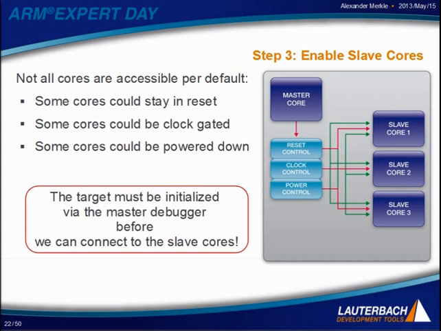And the other cores might be either held in reset, they might be clock gated, or they might be simply powered off. So what you need to do in hardware is, by this master core, to set up the other cores of your chip. And you need to do exactly the same with the software. You cannot attach at the beginning to a slave core which is still held in reset by hardware, or which is clock gated. It doesn't work.